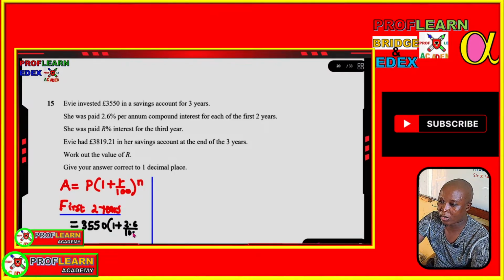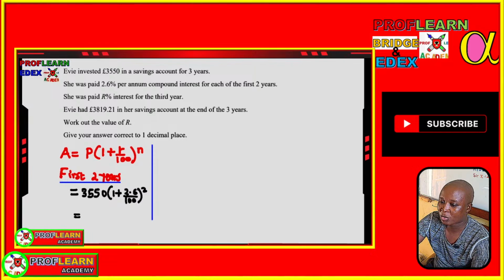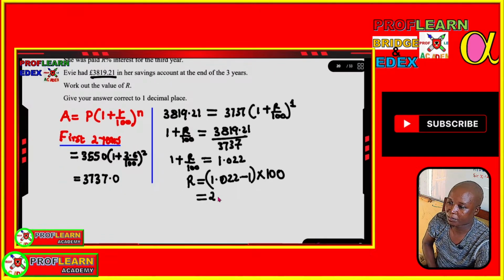And then this is going to be 1 plus 2.6 over 100 raised to power 2, and that is going to translate to 37.0 pounds.